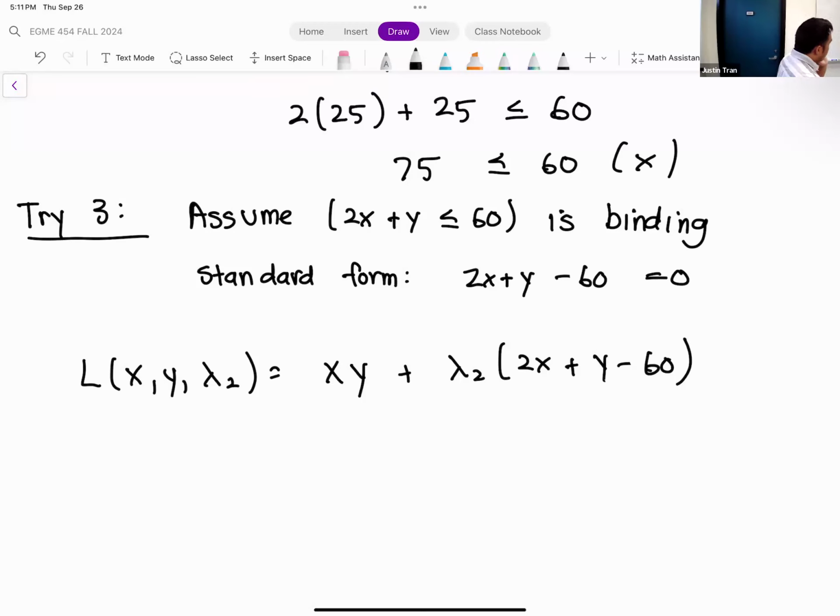Okay, so let's take our partial derivatives here. Partial L partial x is going to give us y plus 2 lambda, and that's equal to 0.